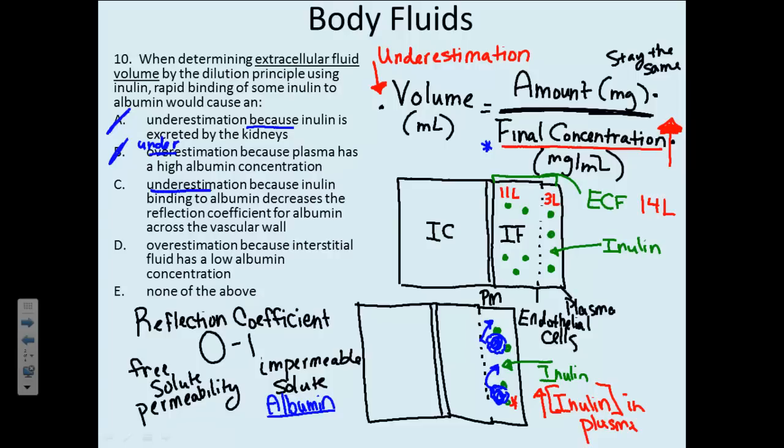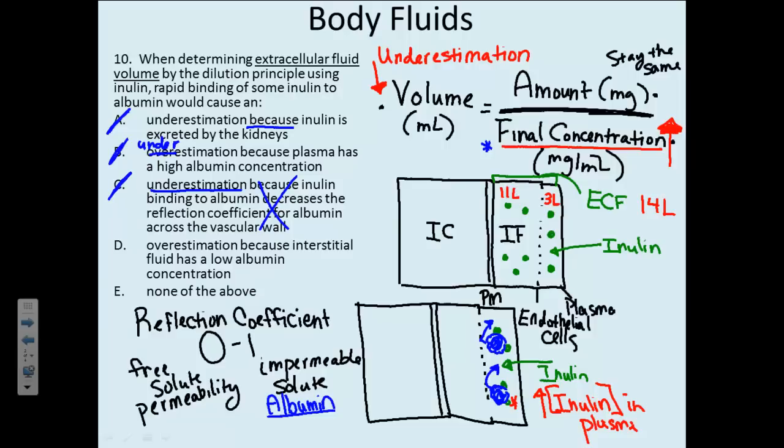So our underestimation part was right. The reasoning behind this isn't very good, though, because albumin already has the highest reflection coefficient that it can, and that's certainly not going to cause it to result in our underestimation. So we can also eliminate C.